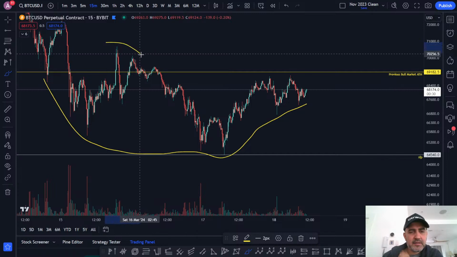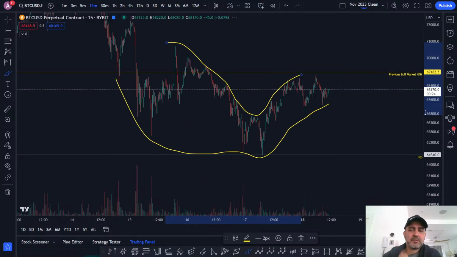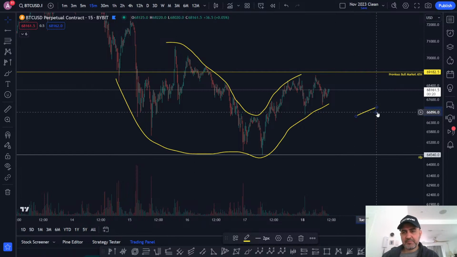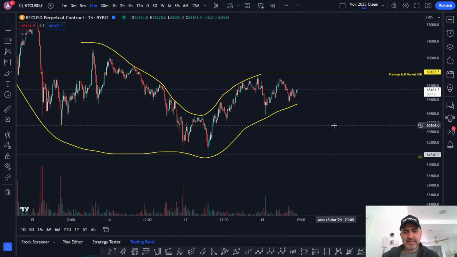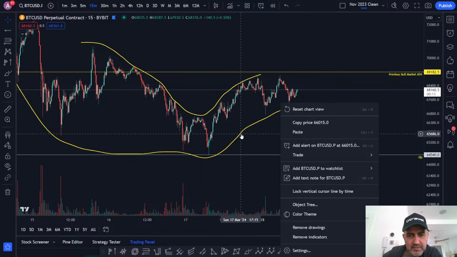We're making lower highs. And now we're making higher highs. See that? See how the market structure on the 15-minute time frame is bullish again? When did it become bullish? Well, here really, actually.